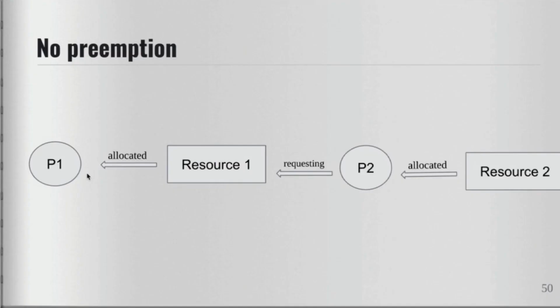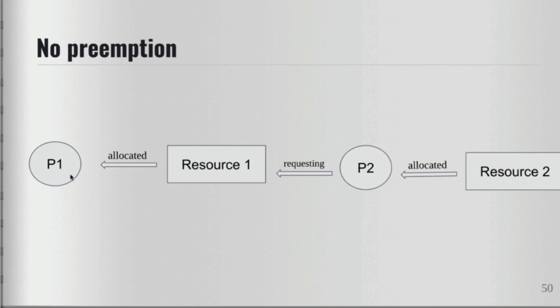Then no preemption. Preemption means acquiring. In case of no preemption, one process cannot preempt, which means acquire, another process's resource forcefully. You can't snatch somebody else's resources while it's using them to execute.